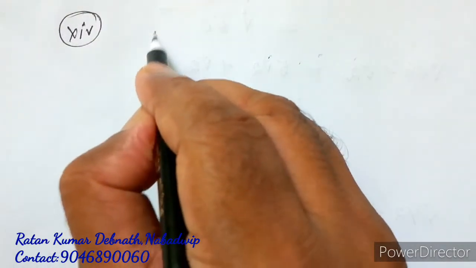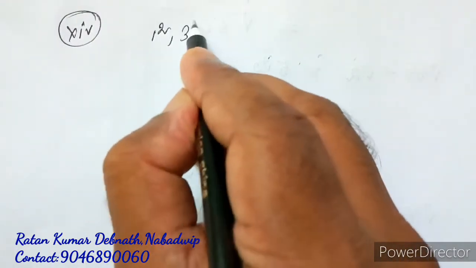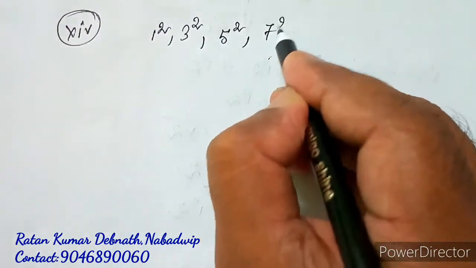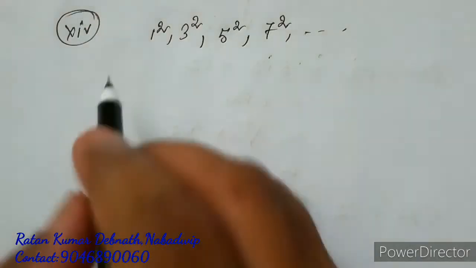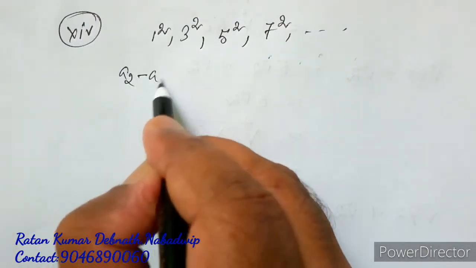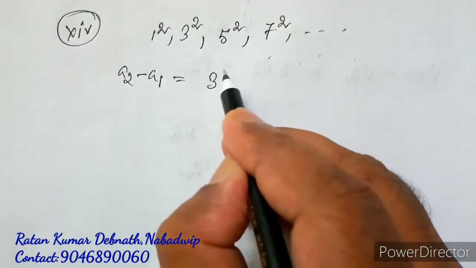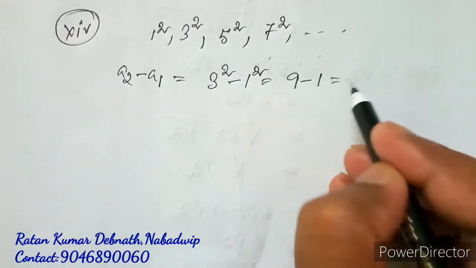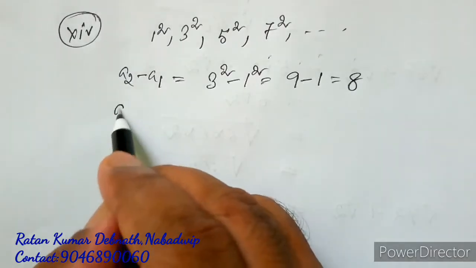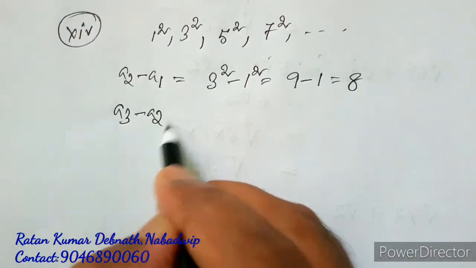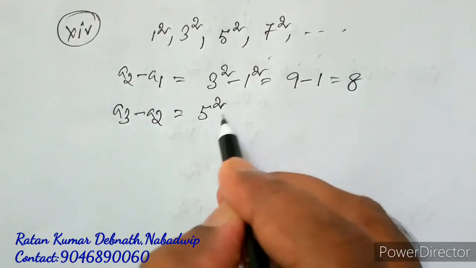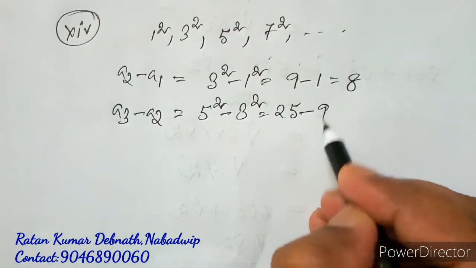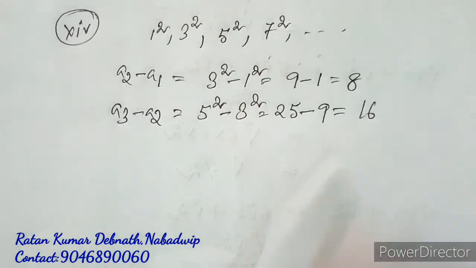Question number 14 of 4. The numbers given here: 1 square, 3 square, 5 square, 7 square, etc. Now a2 minus a1 equal to 3 square minus 1 square means 9 minus 1 equal to 8. a3 minus a2 equal to 5 square minus 3 square, 25 minus 9 results in 16.